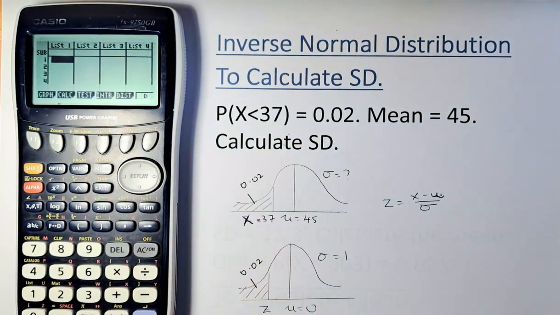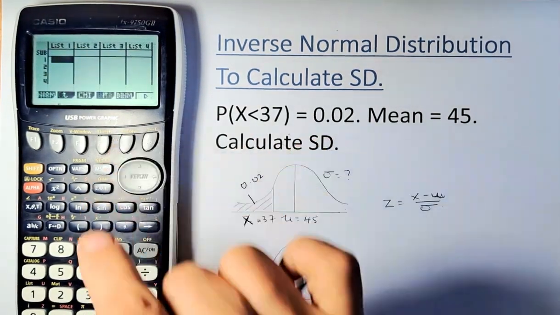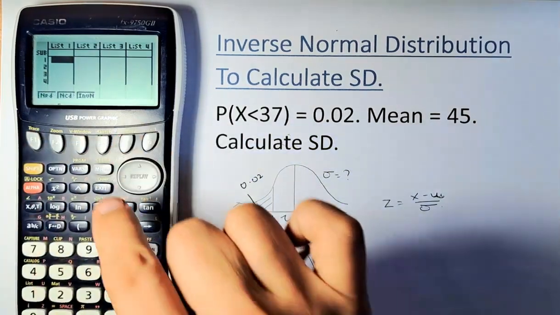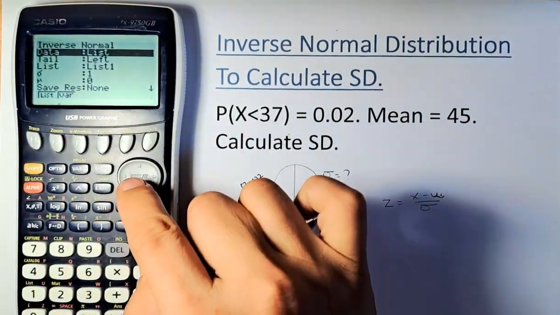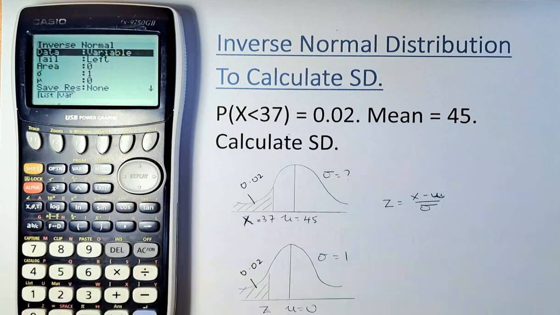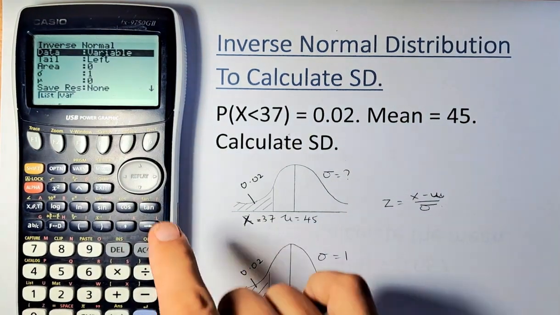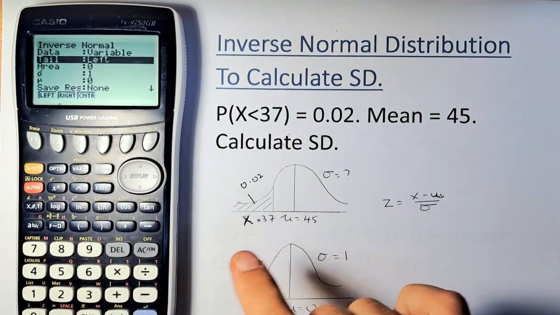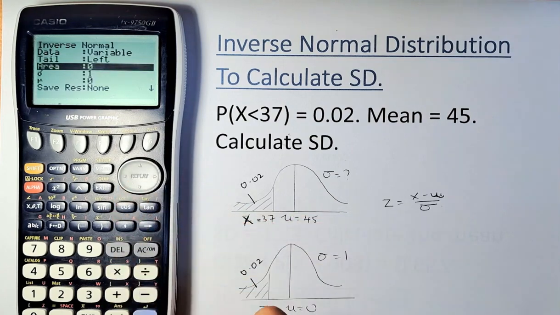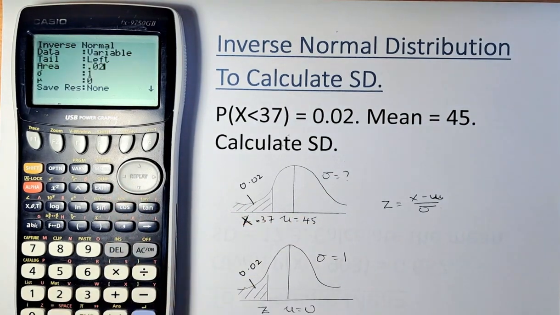Now we're going to go to distribution, F5, go to normal, F1, inverse normal, F3, and then go into the variable, F2, and then input the data. Again, this is on the left-hand side, so left is no problem. Area is 0.02, so we input 0.02 in the area.